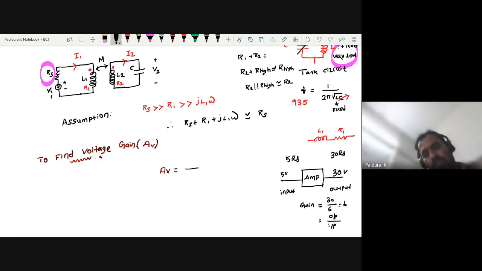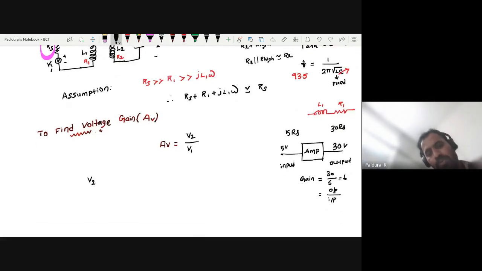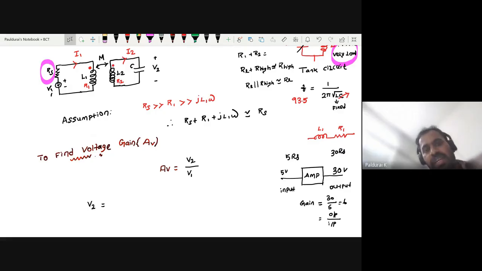So here also, gain is output voltage V2 divided by input voltage V1, right? What is my output voltage? The voltage across the resistor, this is my output voltage. This is plus, this is minus, where current is entering.